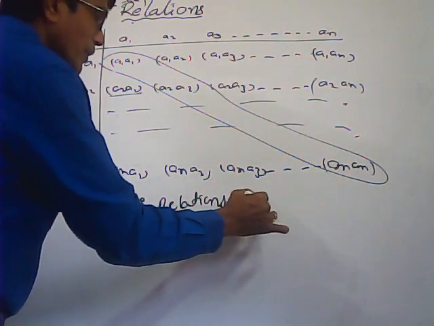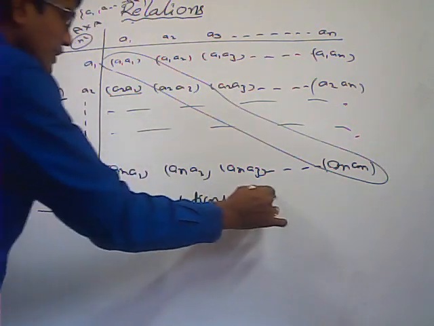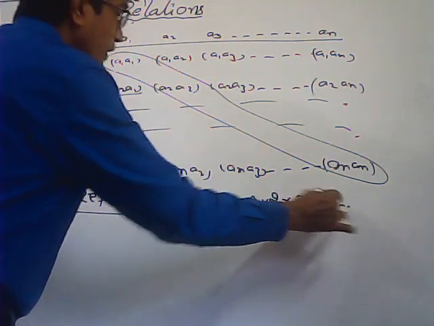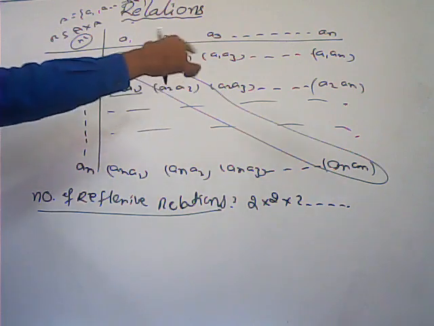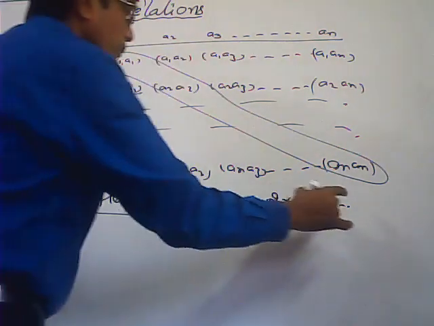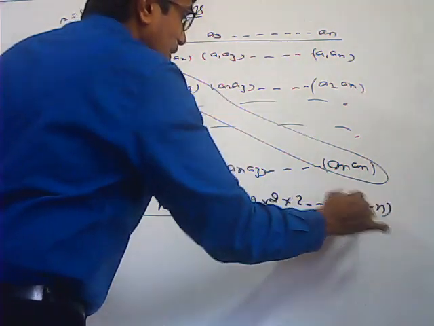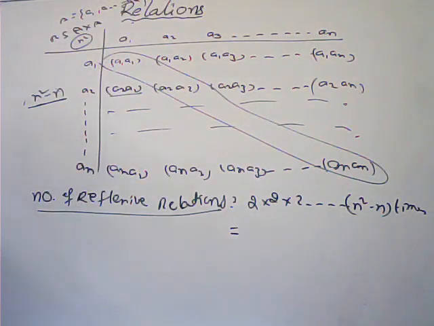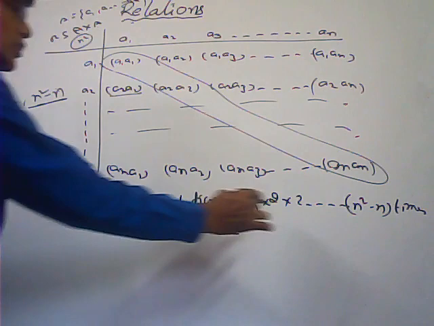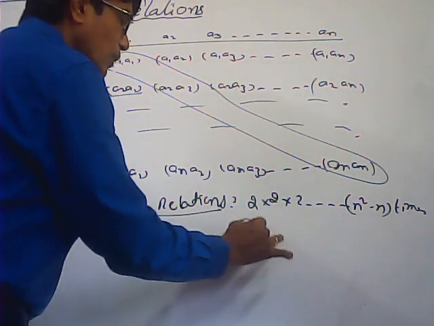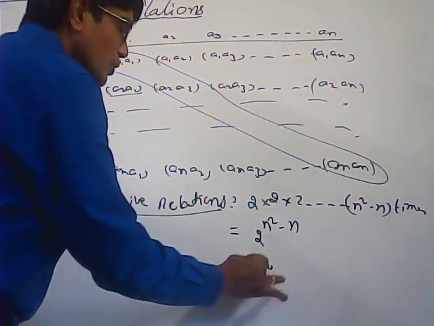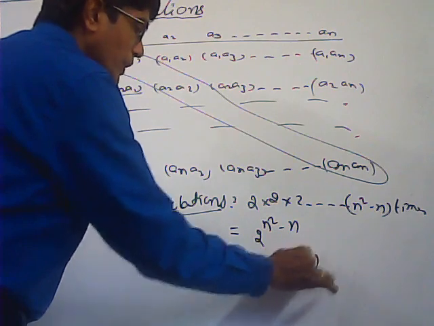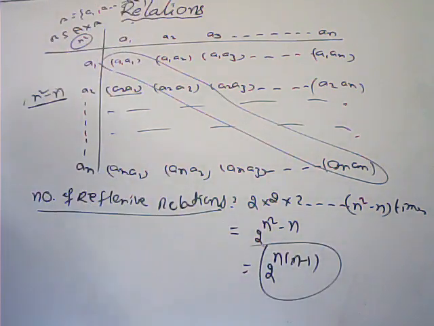Two ways are there, for the next one also two ways. You have to repeat that n square minus n times. 2 into 2 into 2, so we can write 2 power n square minus n, that is equal to 2 power n into n minus 1. These many reflexive relations are there if a set contains n elements.